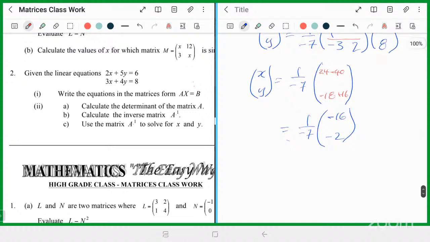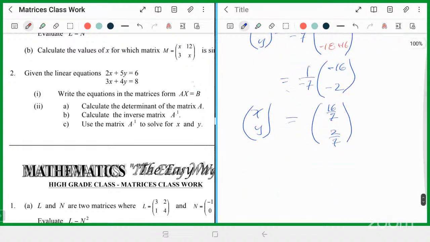Now xy is equal to: you divide this negative 16 by this negative 7, the negatives cancel, and you get 16 over 7. You divide this negative 2 by negative 7, the negatives cancel again, and you get 2 over 7.